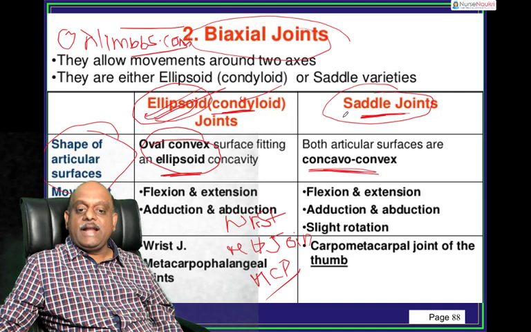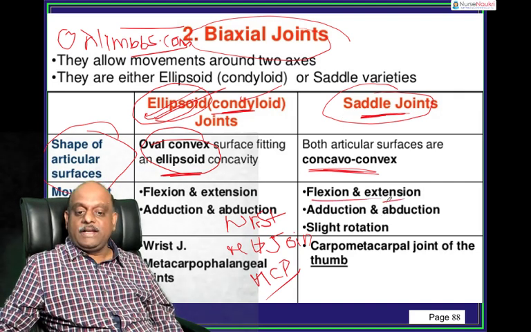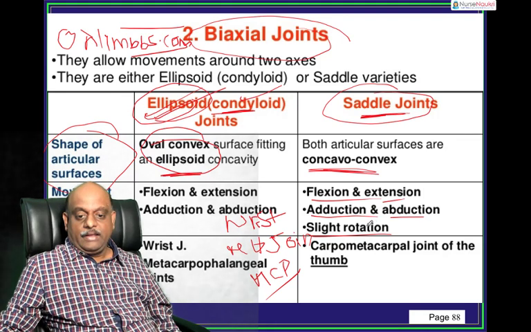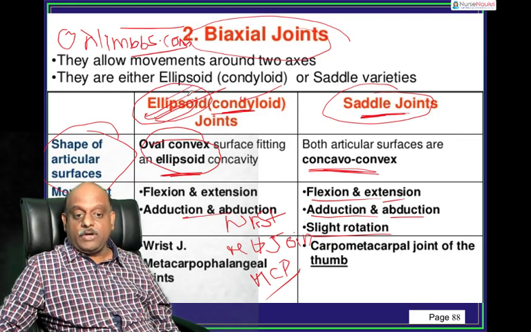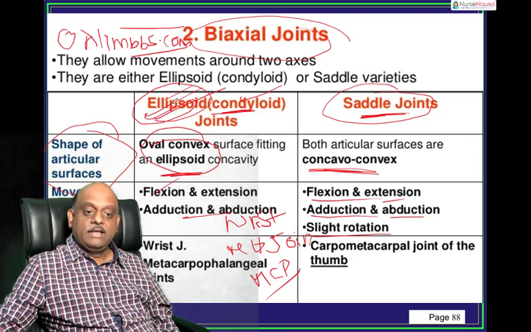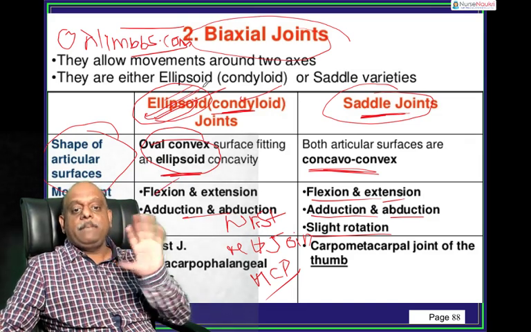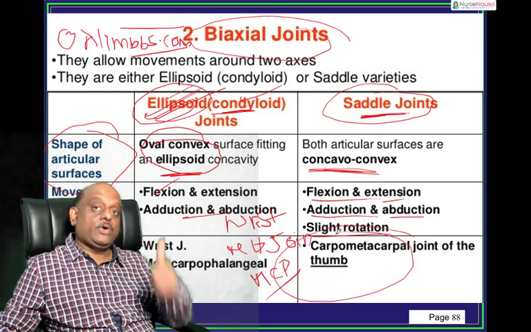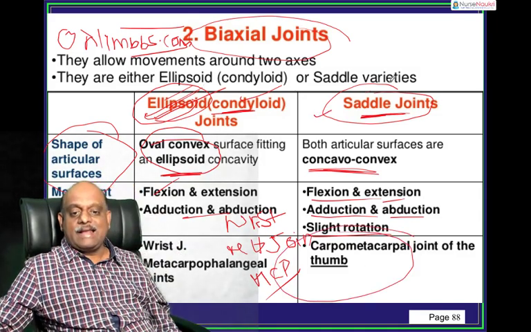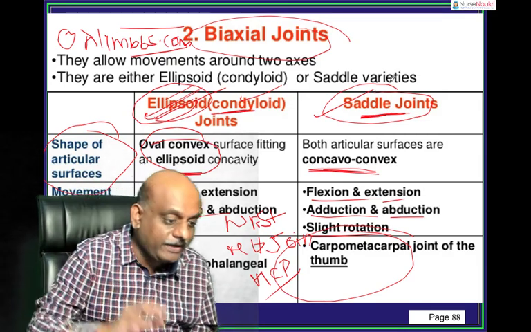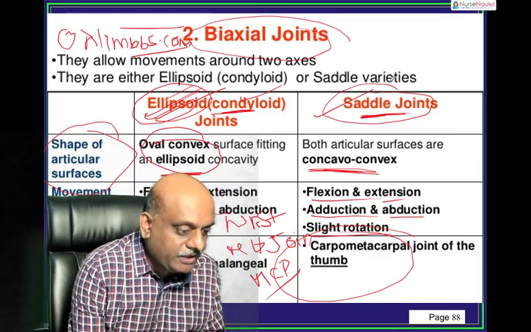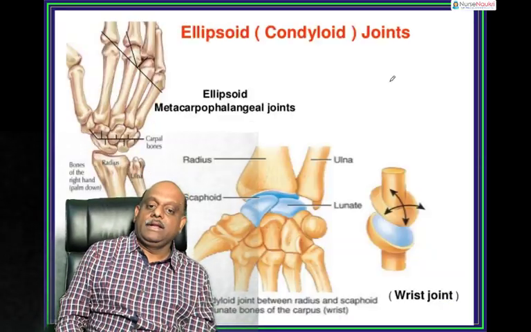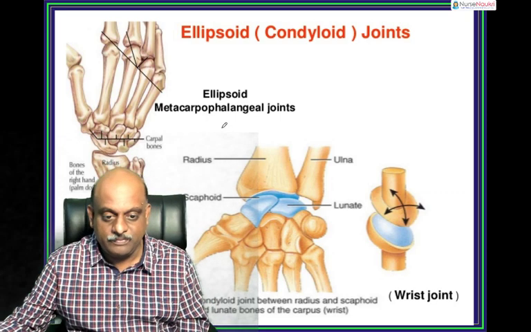Then what are the saddle joints? Here flexion, extension, adduction, abduction and a slight rotation happen. Adduction, abduction also happen in ellipsoid, flexion, extension also happen in ellipsoid, but the shape of the surface is different. So the carpo-metacarpal joint of the thumb is a classical example of a saddle joint, is what you need to remember.